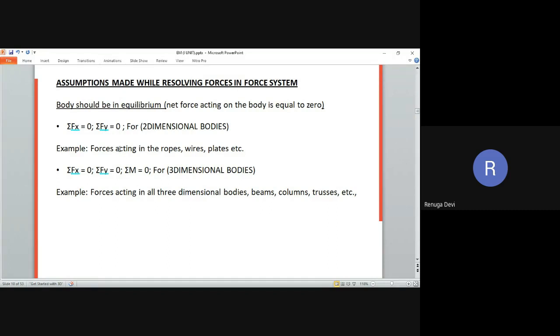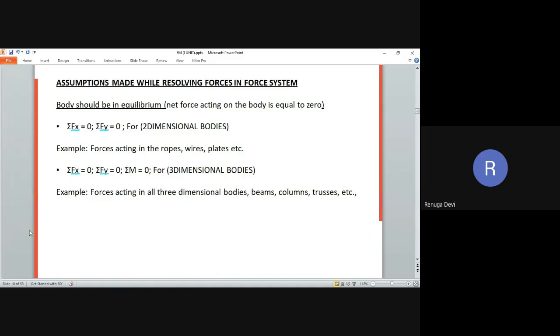The same way, sigma Fx, sigma Fy and sigma M equal to 0 is mainly used for three-dimensional bodies, that is length, height and breadth. Here I have given you examples: forces acting in ropes, wires, plates, etc. come under two-dimensional, as I said already. Forces acting in all three-dimensional bodies, beams, columns, structures, trusses, everything comes under this.